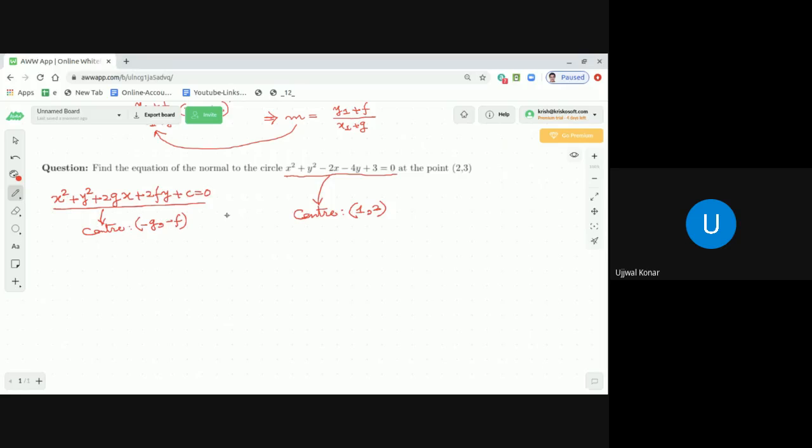Now if you compare this with the given equation, x square plus y square minus 2x minus 4y plus 3 equal to 0, you will easily find the coordinate of the center is 1 comma 2.